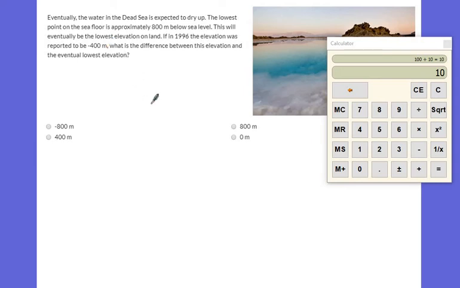So from negative 400 to get to negative 800, sorry, I lost my spot. Alright, so I need to find the difference between the two. So it was at negative 800, and the difference means subtract, and then it goes to negative 400. Well, anytime these two negatives are touching, it turns to a plus, so it changes my problem totally.